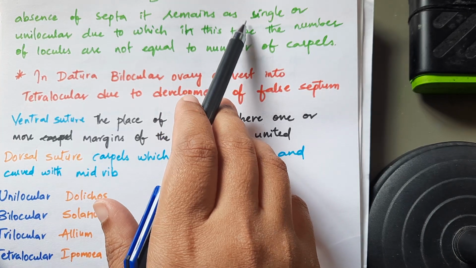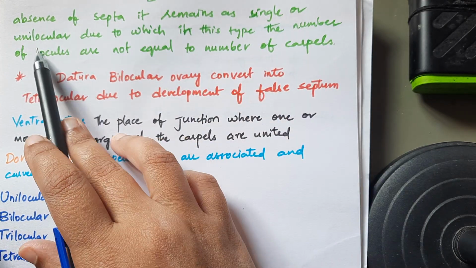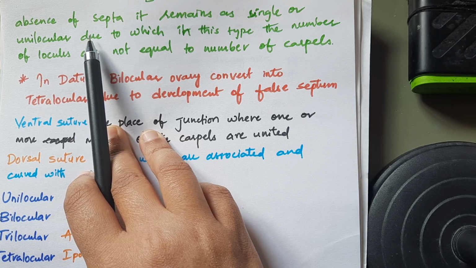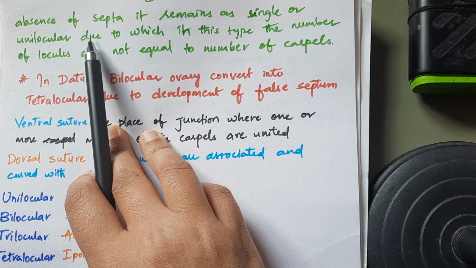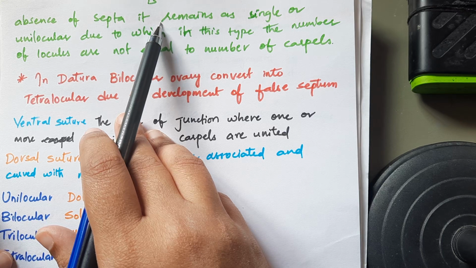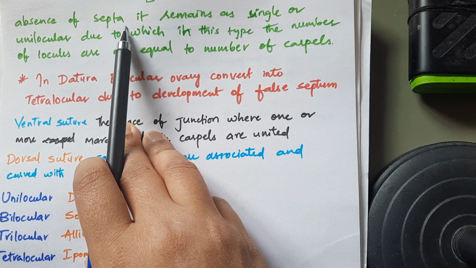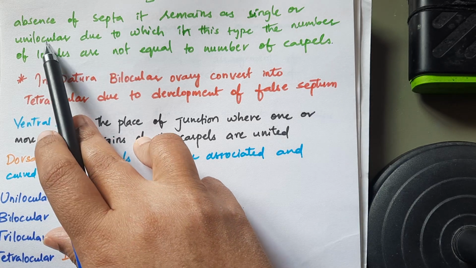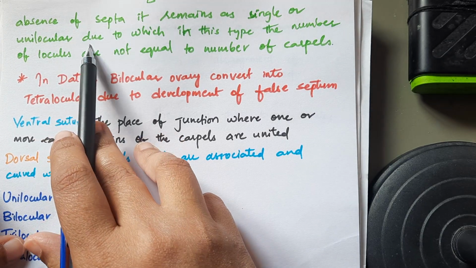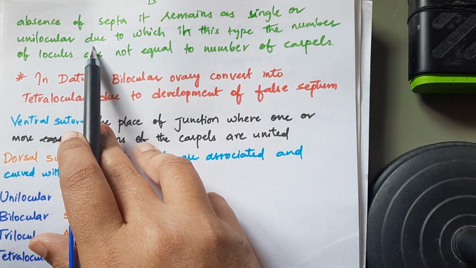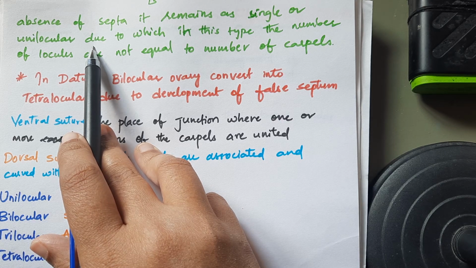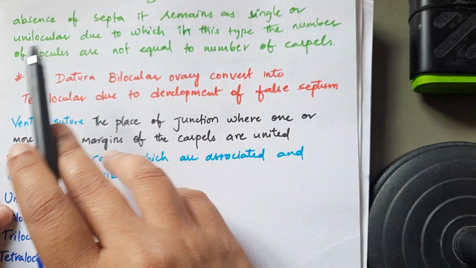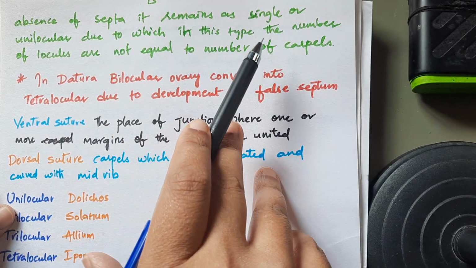As a result, it forms a single locule, the unilocular condition. If a partition is not there, a single locule is there. So here we can observe that a single locule is there. In this type, the number of locules is not equal to the number of carpels.